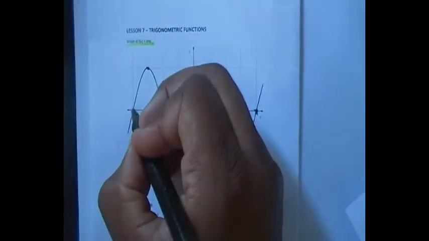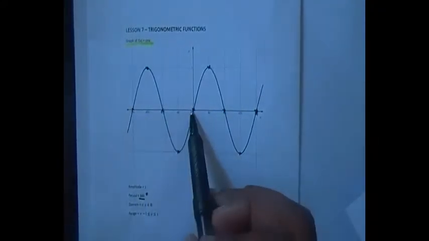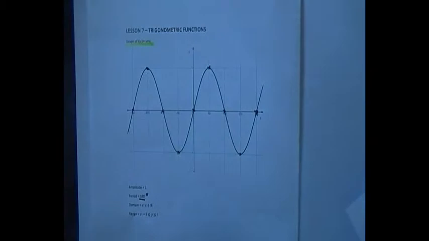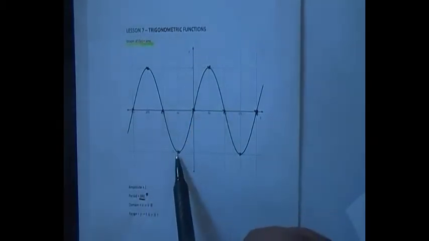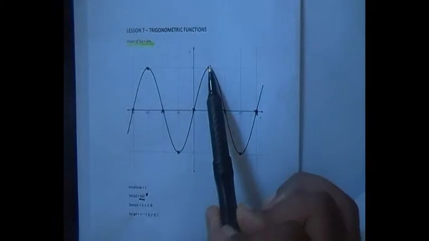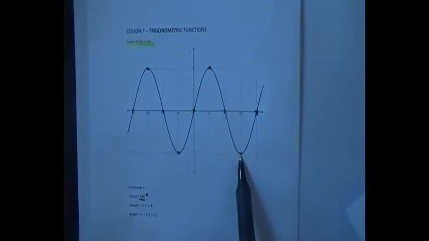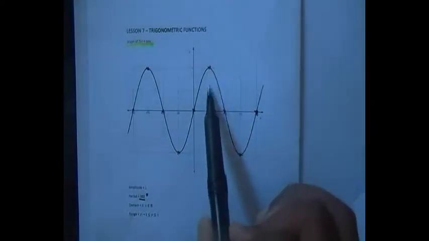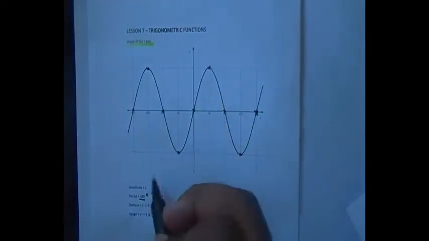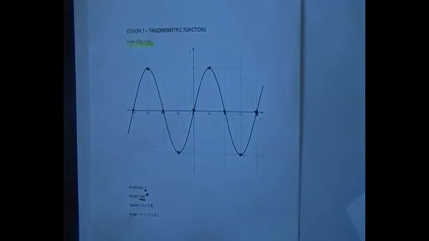So you see, you've gone back to the same pattern, and it's going to repeat itself again. So this pattern repeats itself after every 360 degrees. That is what is called the period. You will realize that your sine only goes up to 1 and then down again to negative 1 and then up again. That space of 1 is called the amplitude.